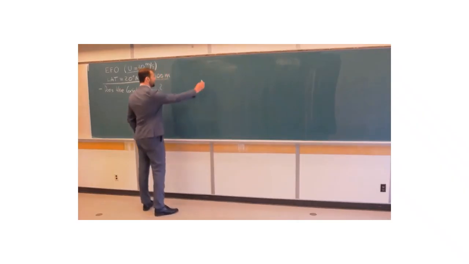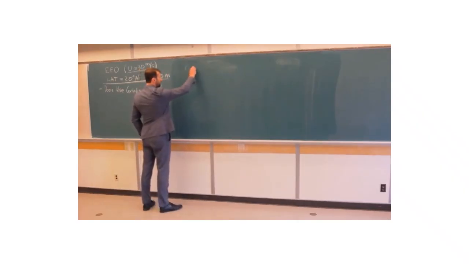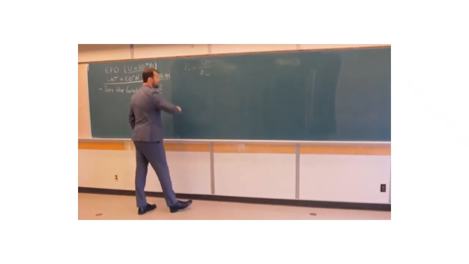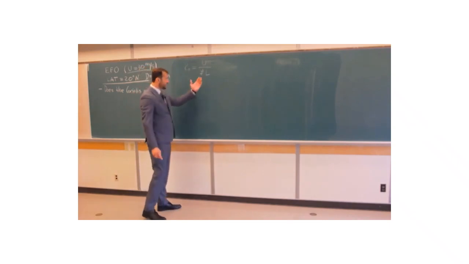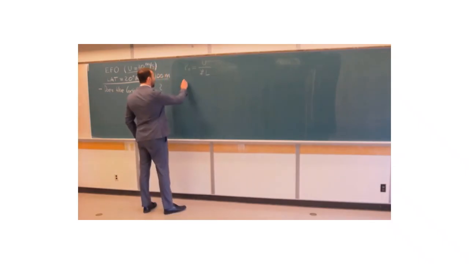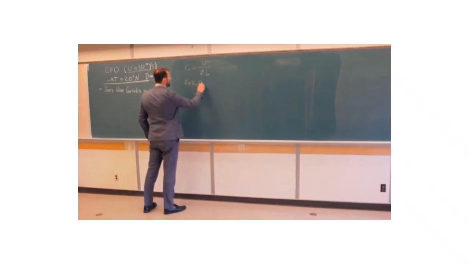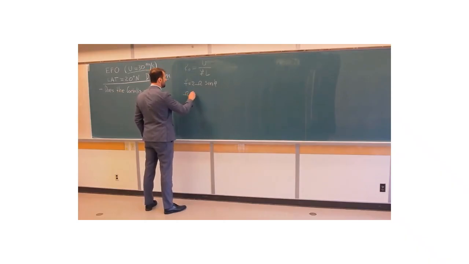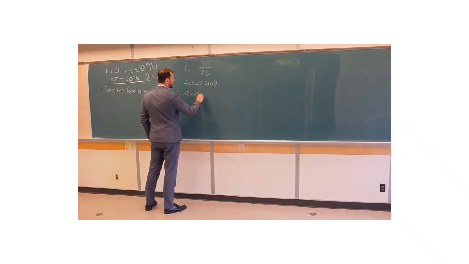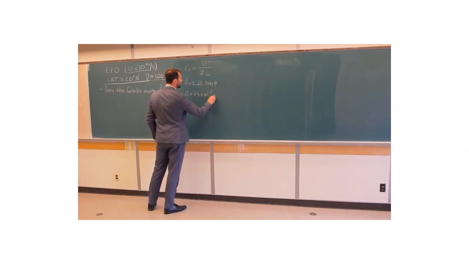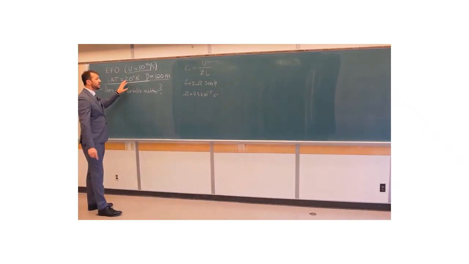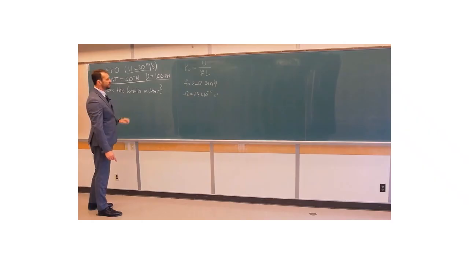Now, from my previous videos, I hope you know that a Rossby number is defined as U over fL, where U is the characteristic velocity in a given phenomenon, L is the characteristic length, and f is the Coriolis parameter defined as 2 omega sine phi, where omega is the angular velocity of the Earth, 7.3 times 10 to the power negative 5 s^-1, and phi is latitude, which in this case is a positive number because it's the northern hemisphere.